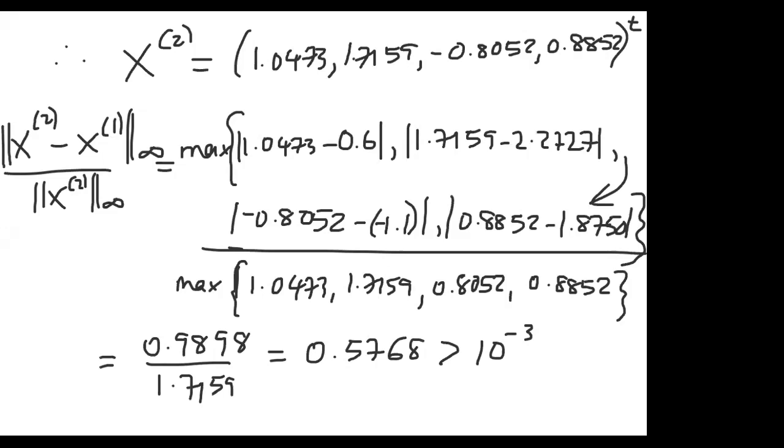I'll leave that to you as an exercise. So try to do as many iterations as possible, and you should be able to see that you need to stop at the 10th iteration.